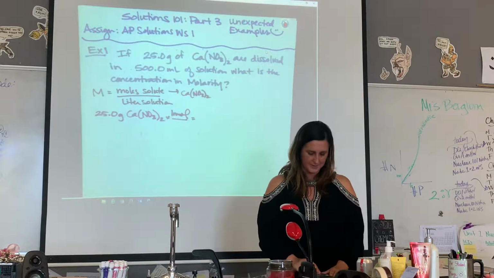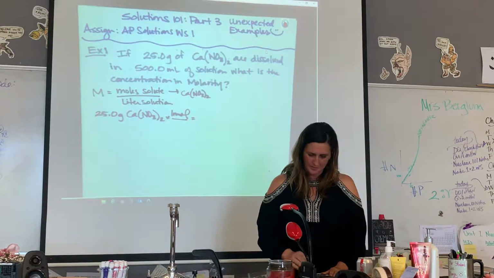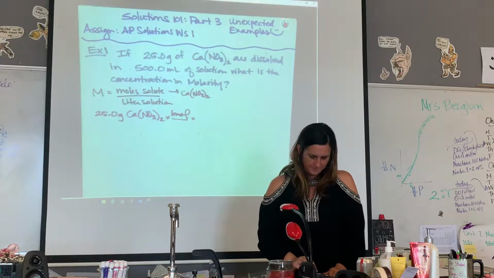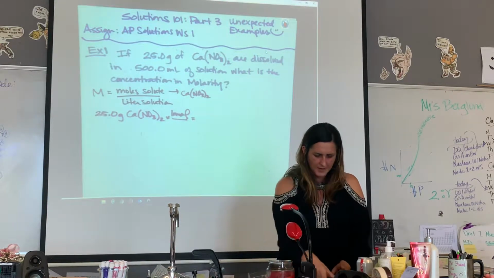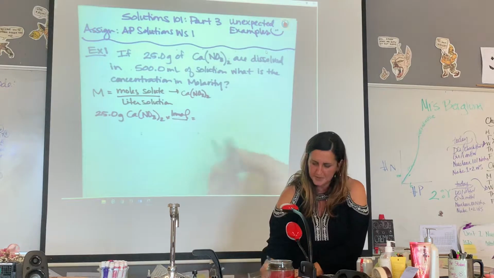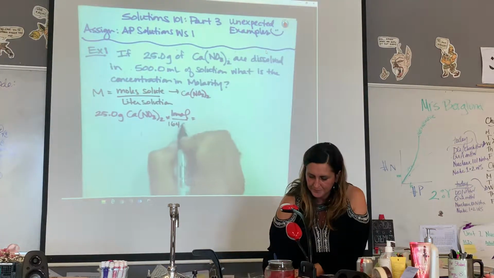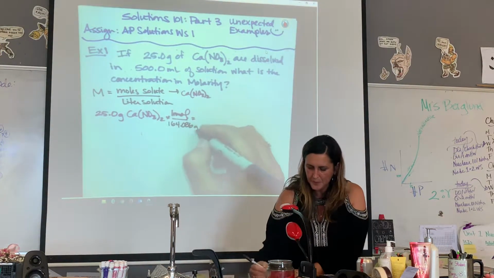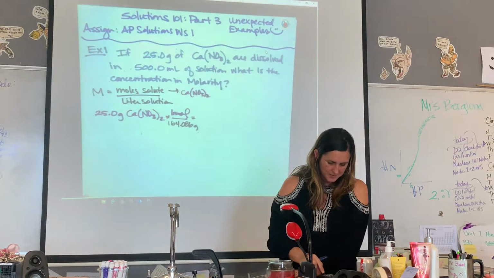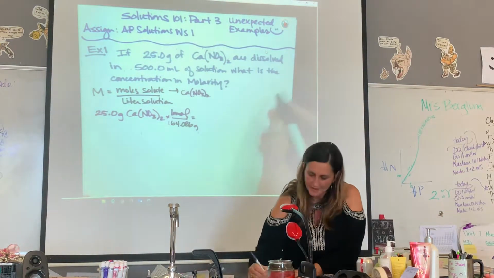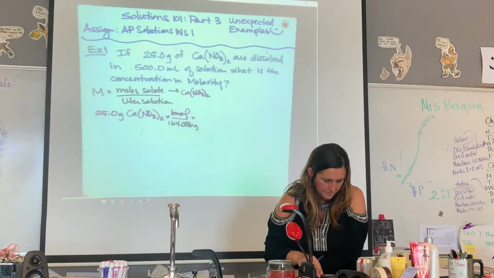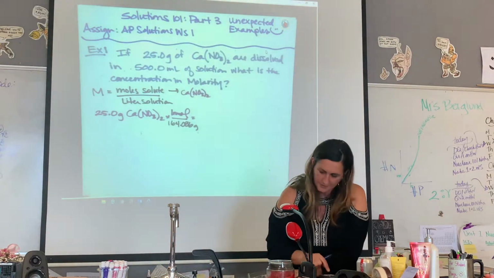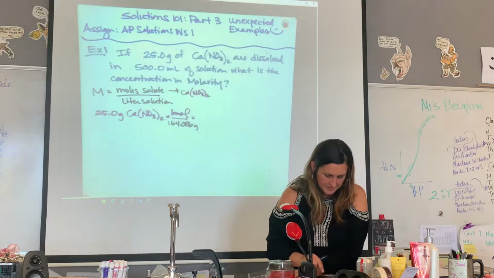The molar mass comes out to be 164.086 grams per mole, and then we're going to divide 25 by that number.